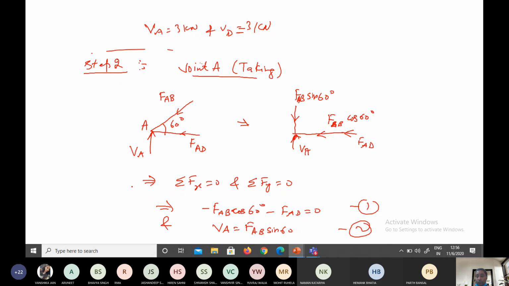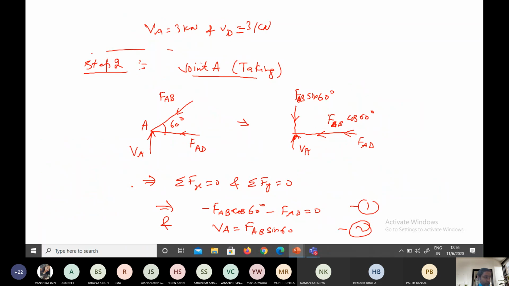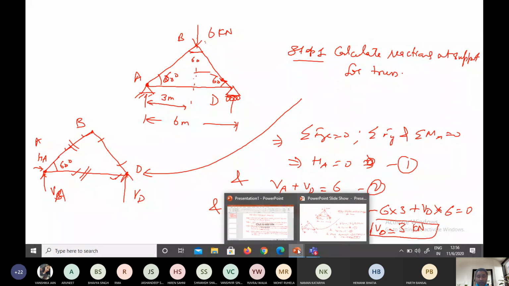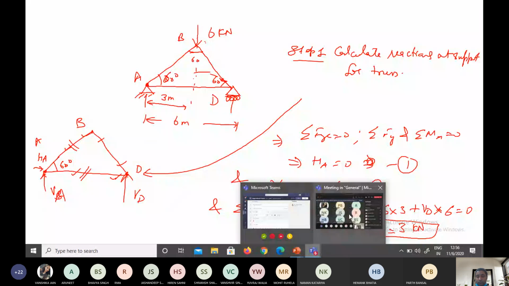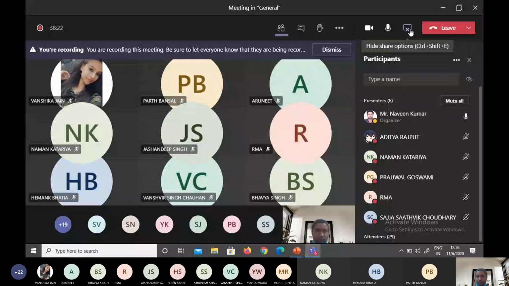Just make a note of this in your register and make the base. We will solve some more problems on Wednesday. Okay, sir. And should I unshare the screen now? Yes, sir. Okay.